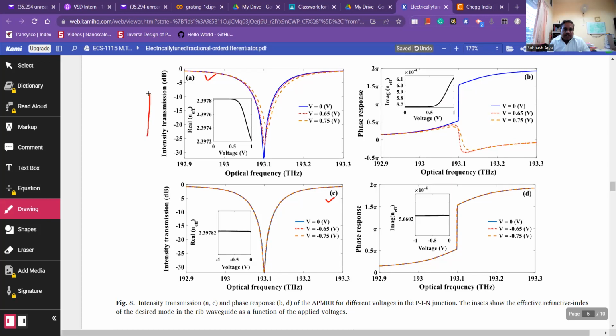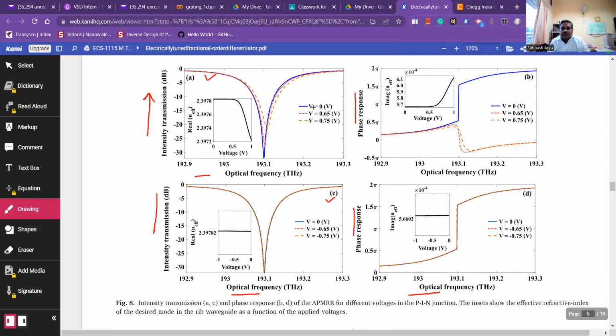Here you can see intensity versus optical frequency. Both A and C are intensity. And phase response are this one. Phase response, this and this, of all pass micro ring resonator for different voltages in the PIN junction.